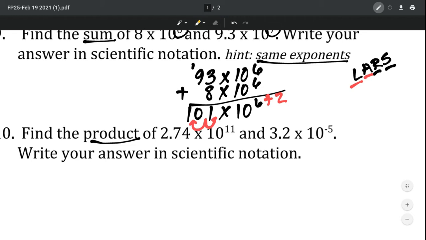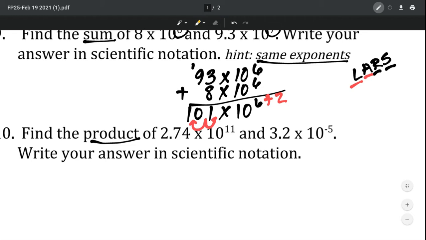It brings my mind back to fractions because I remember, okay, when I'm adding or subtracting fractions, I have to have a common denominator, right? And when I'm multiplying fractions or dividing fractions, I don't need that common denominator. So it kind of gives it a place in my brain to be like, okay, adding and subtracting has different rules than multiplying and dividing. So same thing with scientific notation.